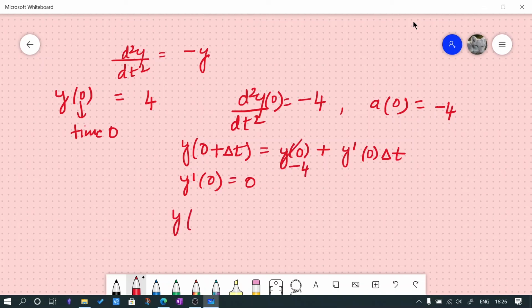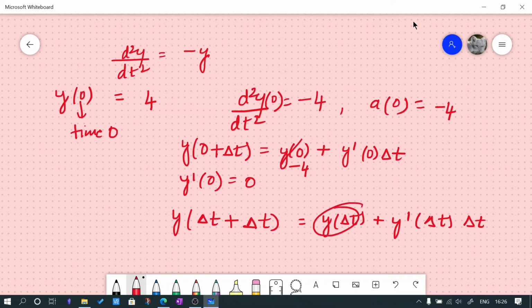Now, at time delta t, I want to predict what it would be when a second delta t time passes by. So this would be y at delta t plus y dash delta t times delta t. So what is y delta t?